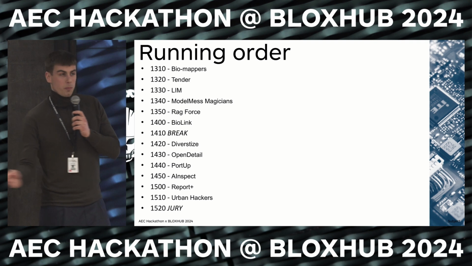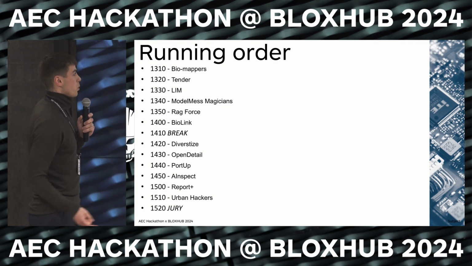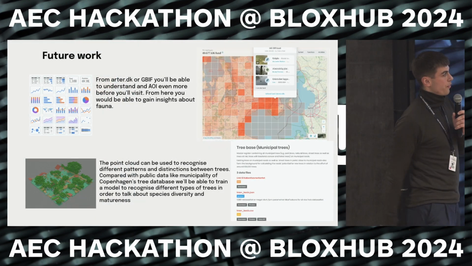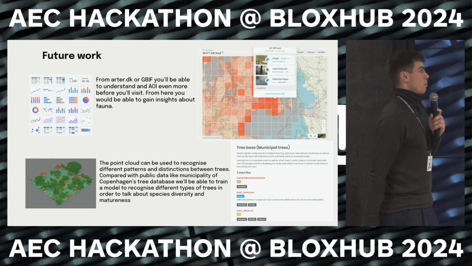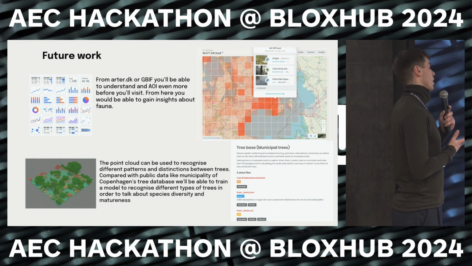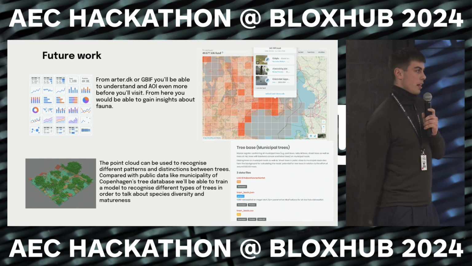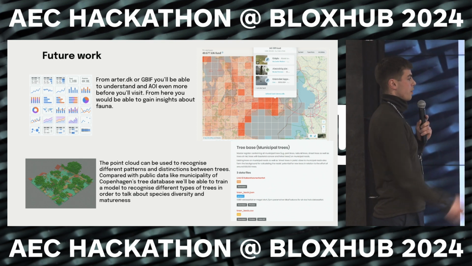For future work, what we looked into was to incorporate ADA-Deco or GBIF's API. Jens would be able to understand the species around in the given area and implement that as another KPI.